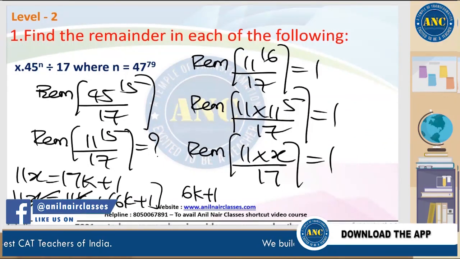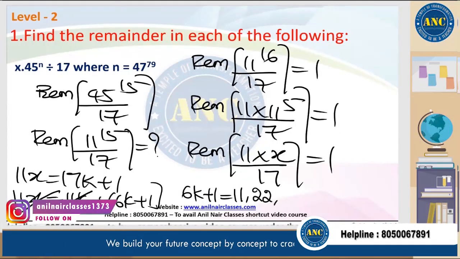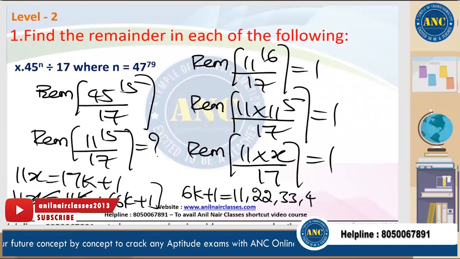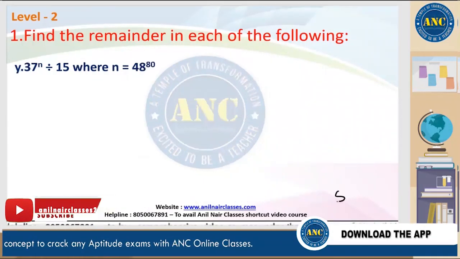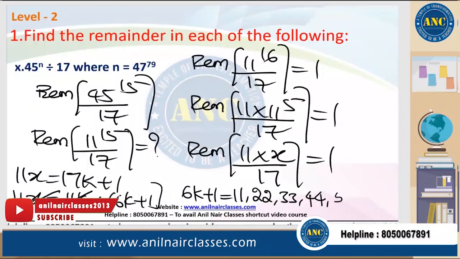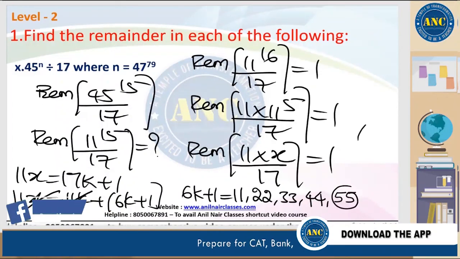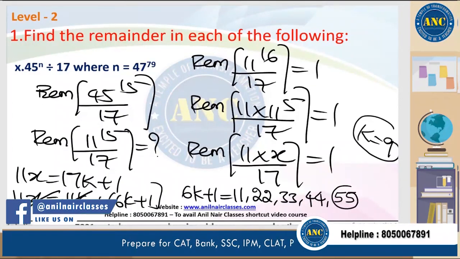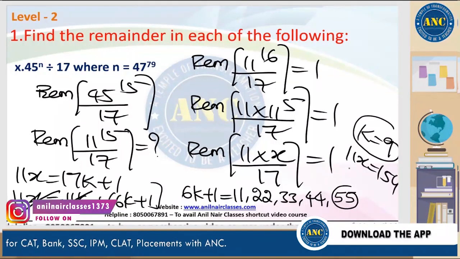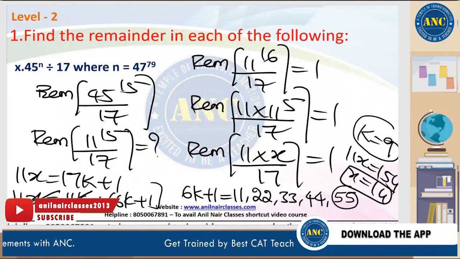If I keep taking 11, 22, 33, 44, k will become a fraction. Take 55: 6k plus 1 is 55, 6k is 54, k value is 9. If k is 9, 11x is nothing but 154. So x is nothing but 14.